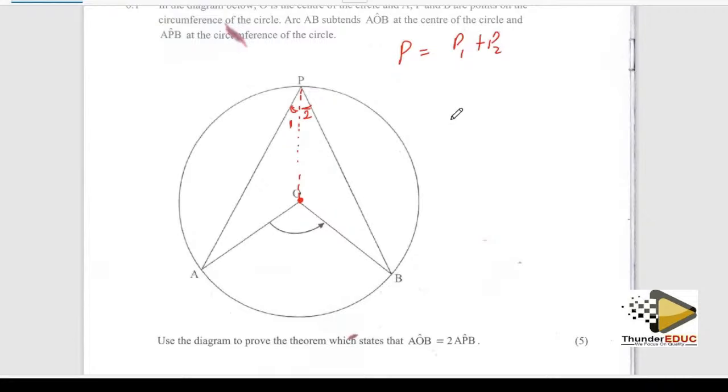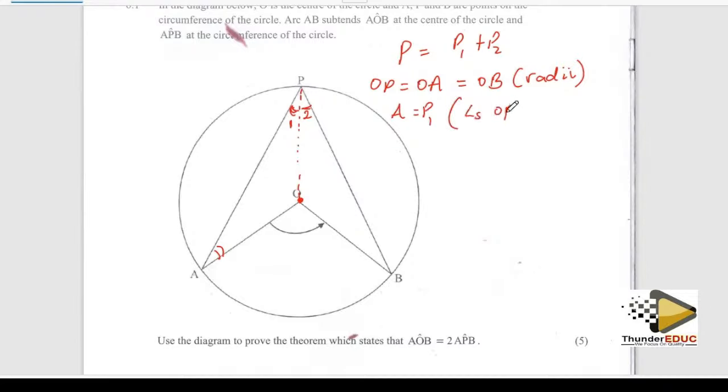Then what we need to also state is that OP is going to be the same as OA, which is going to be the same as OB. The reason, those are radii of the same circle. And if that is true, which means that this P1 is the same as this angle. So I'm going to say A is going to be the same as P1.